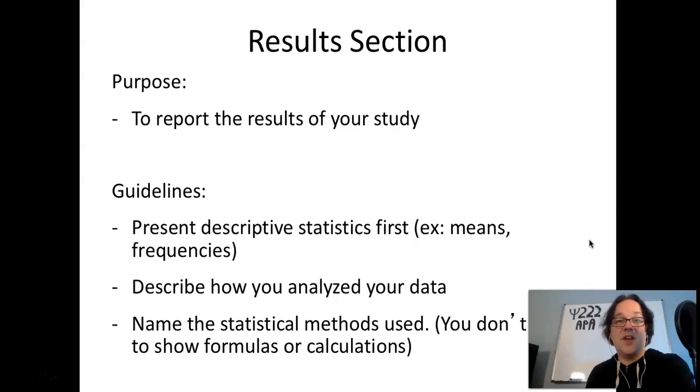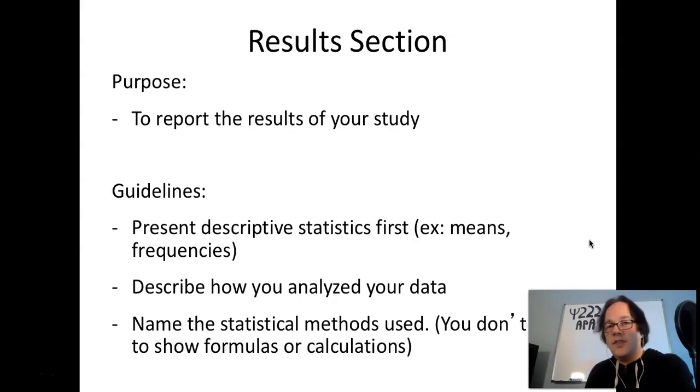Or you can be brave and say we calculated these numbers by hand. I'm sure you had a bunch of people double, triple, quadruple check those numbers. But talk about how you analyzed the data.